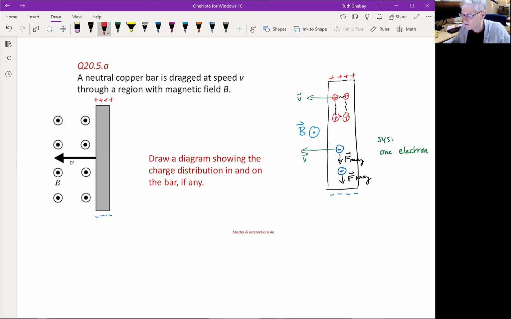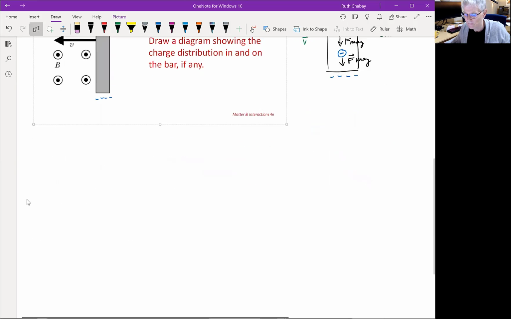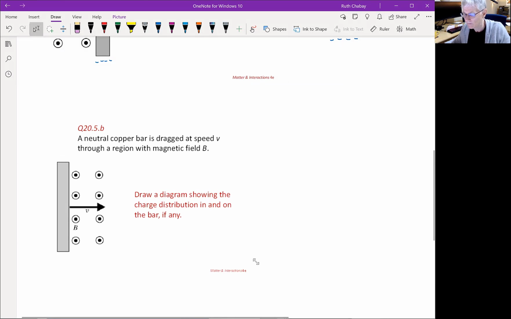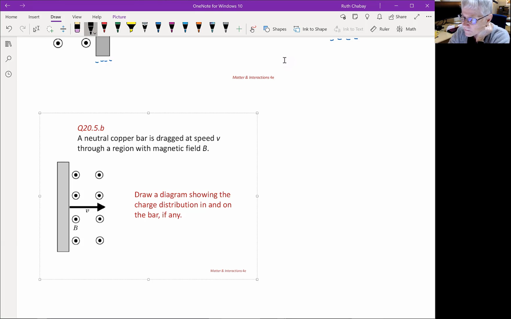What would happen if we move the bar the other way? So think about what's going to happen in this situation, and then get ready to answer a question about it. So the question is going to be, what happens? And we've got these alternatives here.